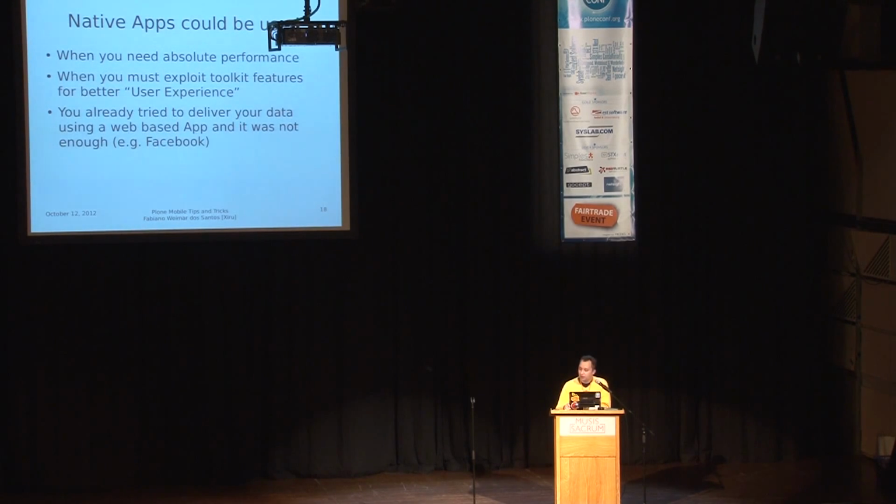The other reason that could explain native app development is trying to better exploit features of the user interface. It's the case of Facebook, which some days ago published that their HTML5 app for mobile phones was a mistake.